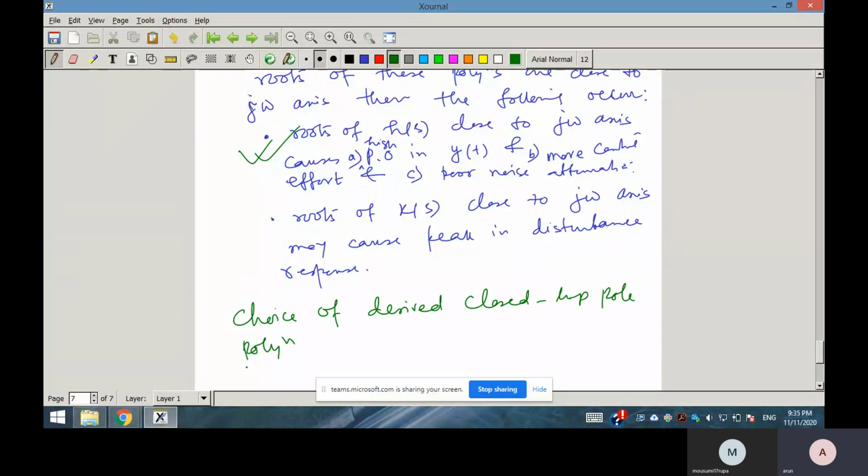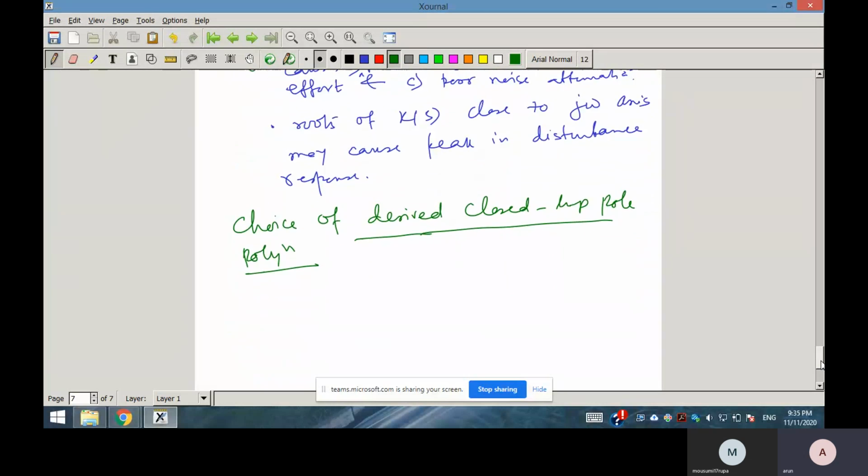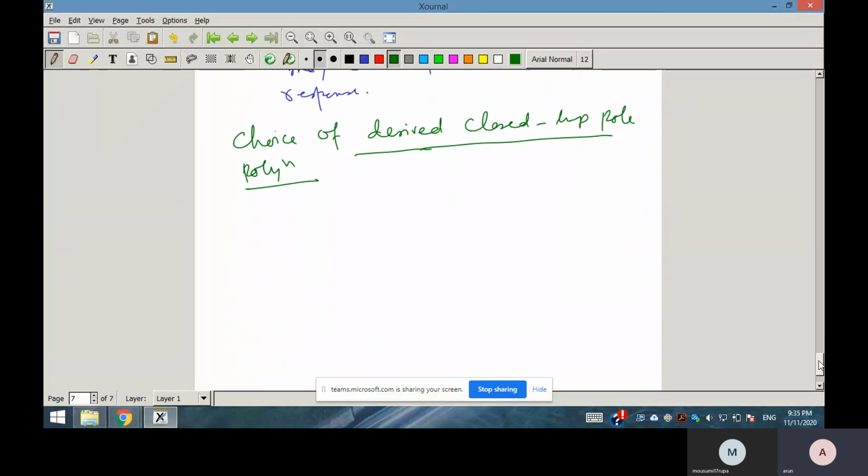So how will you choose? Based on two performance specifications, the method is: first choose dominant poles based on peak overshoot and settling time specifications.